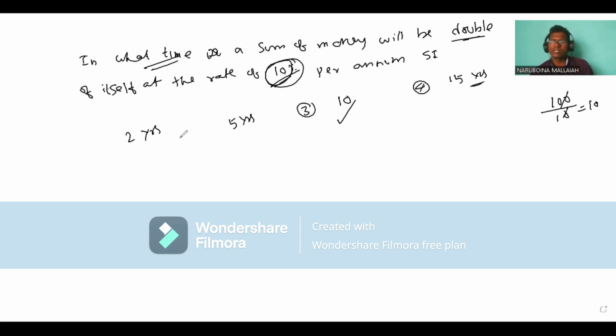The option which gives us 100 will be the right answer. 10 times 2 is 20, not 100, so wrong answer. 10 times 5 is 50, wrong answer. 10 times 10 is 100, so this will be our right answer. 10 times 15 is 150, wrong answer. Multiplying the number present in the question with the option must give us 100, then that becomes the correct answer.